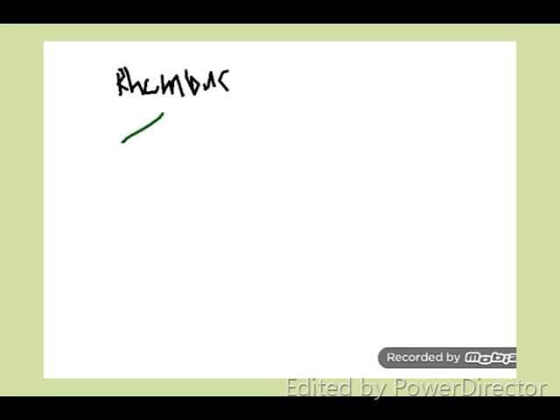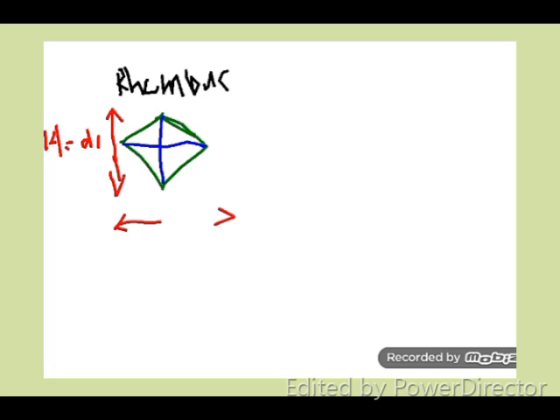Rhombus has two diagonals that bisect each other. This is the diagonal 1, which the value is 14, and this is diagonal 2, which the value is 18.